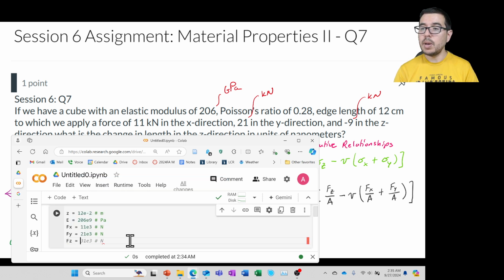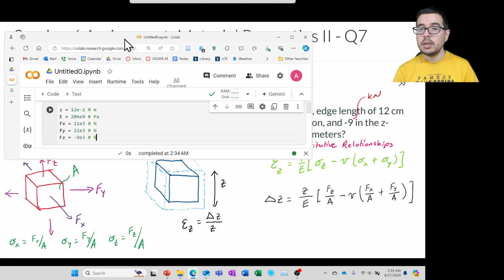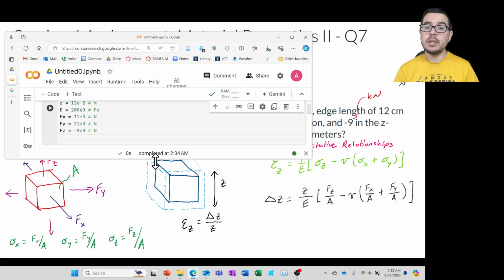Fz is minus 9e3, newtons. Okay, what am I forgetting? We could say that the area is going to be z squared. That's good, that will give us units of meters squared.